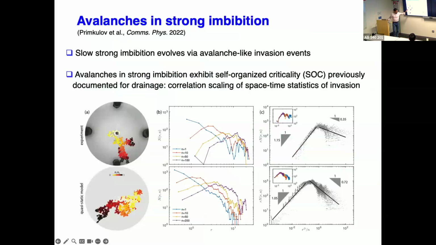Many years later, we decided to quantitatively look at the data set, and indeed, the data set shows that this invasion percolation-like phenomenon shares all the features of self-organized criticality that is well known and well understood for drainage.